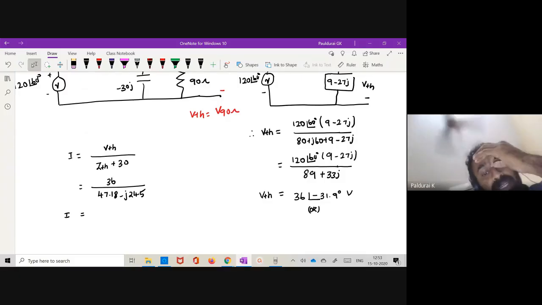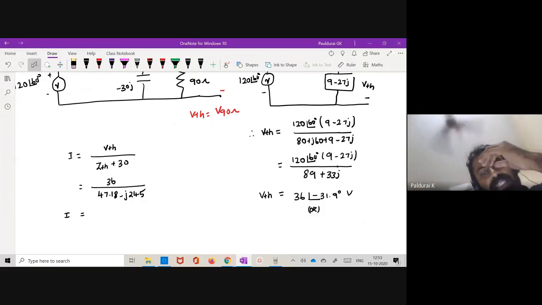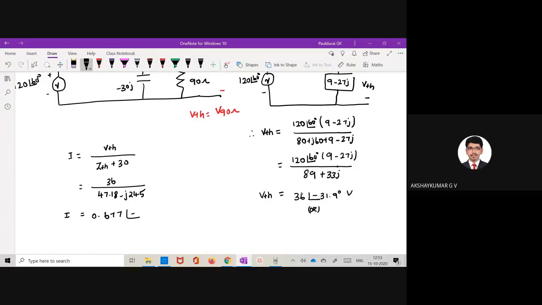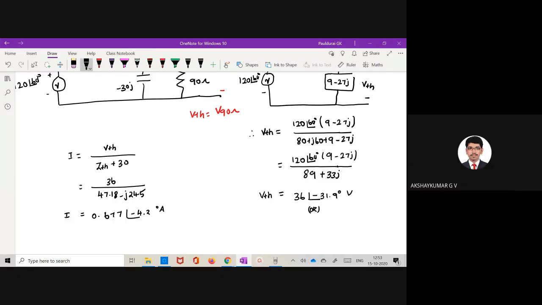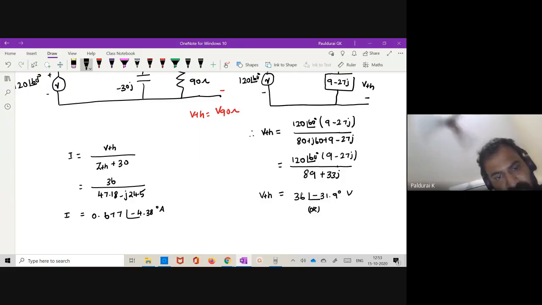How I got 36 divided by 47.18 minus J24.5: you know the value for ZTH, substitute ZTH, add ZTH plus 30, it will give you 47.18 minus J24.5. So I is 0.677 at an angle of minus 4.38 degrees ampere.